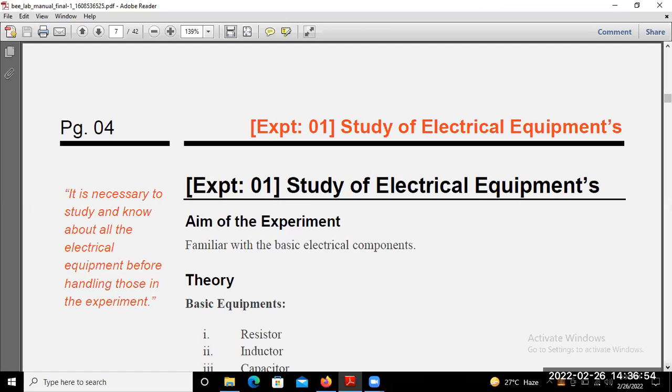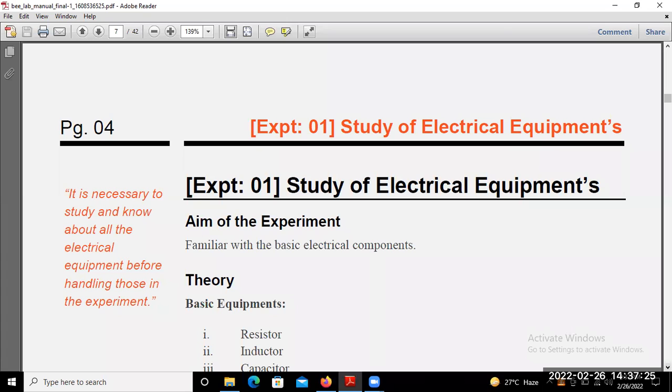Diode, transistor, transformer. Diode and transistor we are not able to find in the electrical lab; you will find those in the electronics lab. If we are concerned about electrical, then resistor, inductor, capacitor.